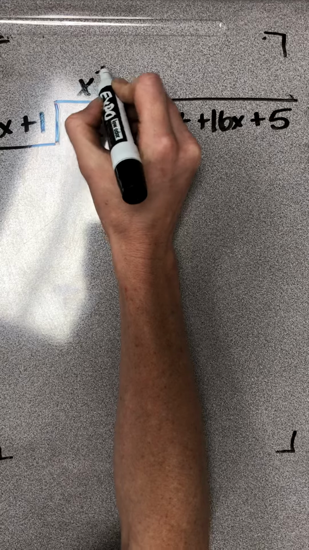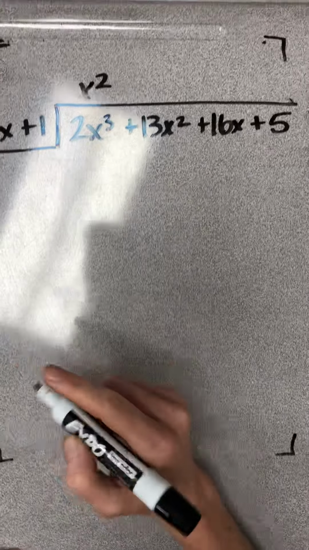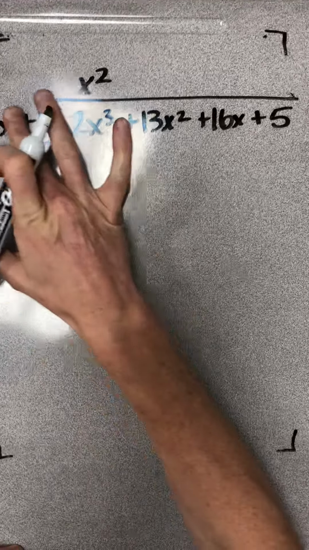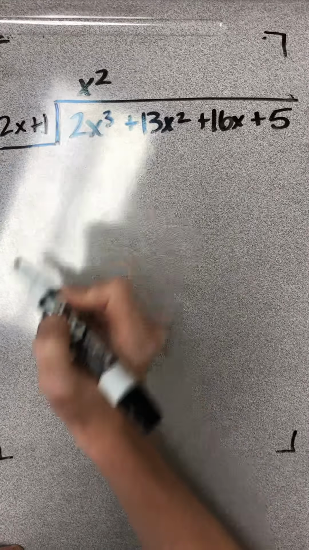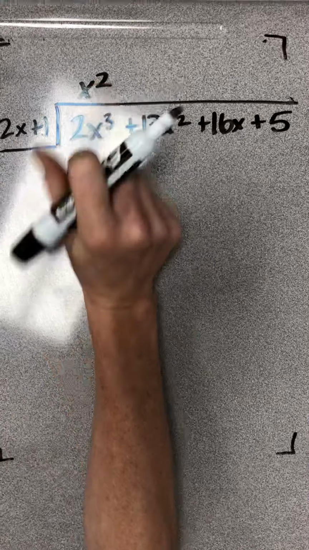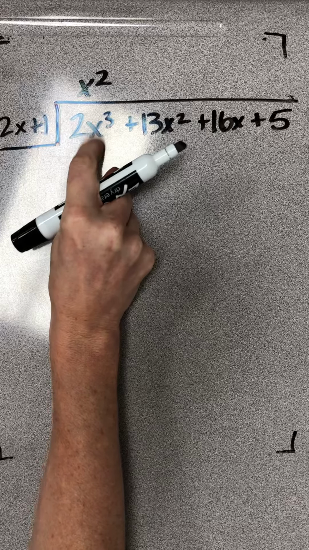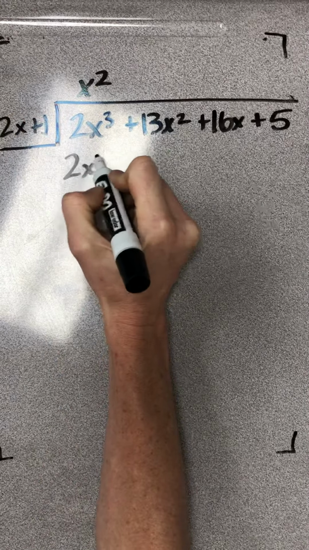It goes in x squared times. X squared, oh, you can't see that 2x, can you? There. So how many times does 2x go into 2x cubed? X squared times. X squared times 2x is 2x cubed.